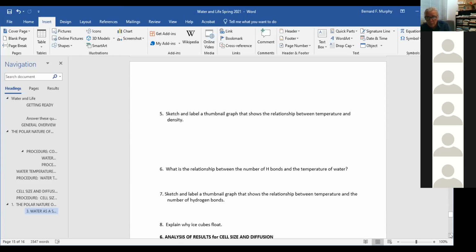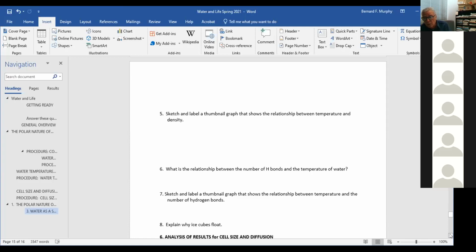Well, what's dependent upon what? Is the temperature dependent upon the density, or is the density dependent upon the temperature? Density. Sorry. So is density dependent or independent? It's dependent.